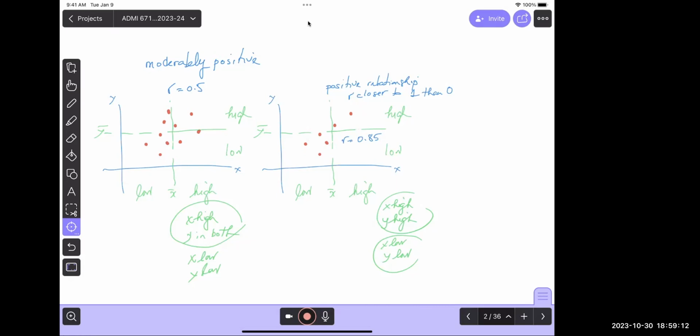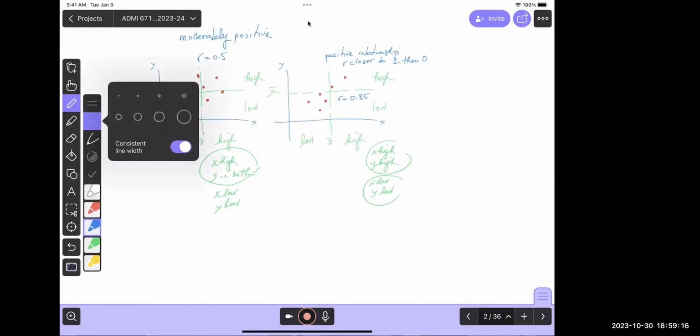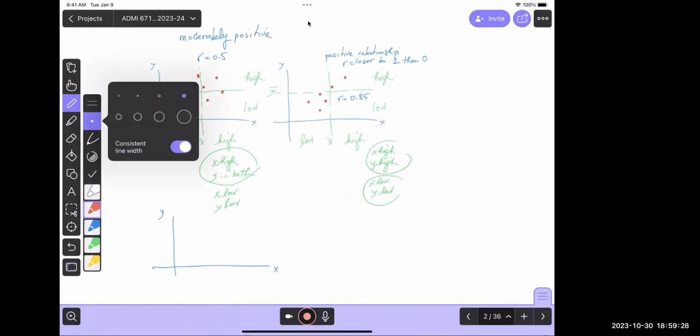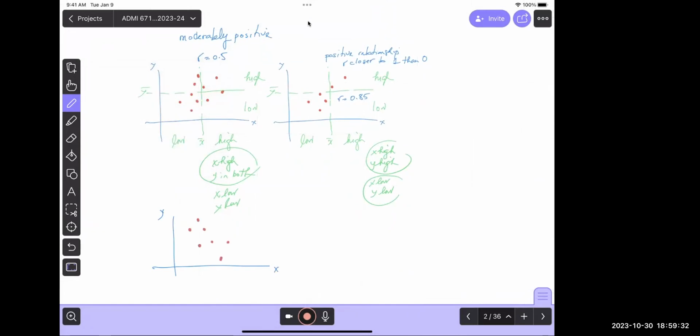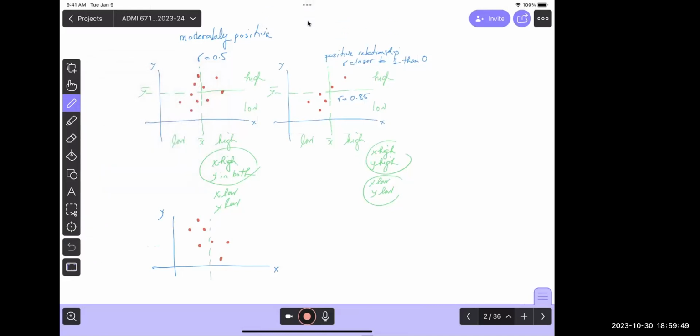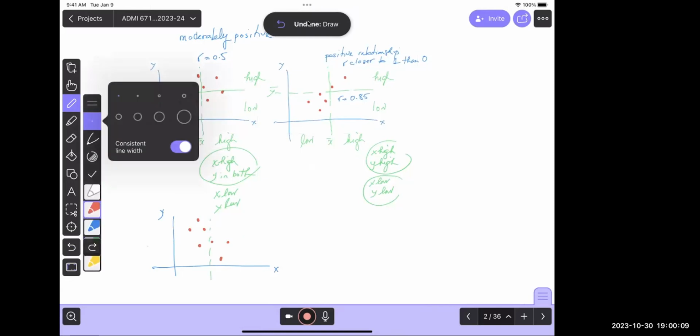Let's look at a negative. So I'm going to cut this in half. I'm going to add one more.